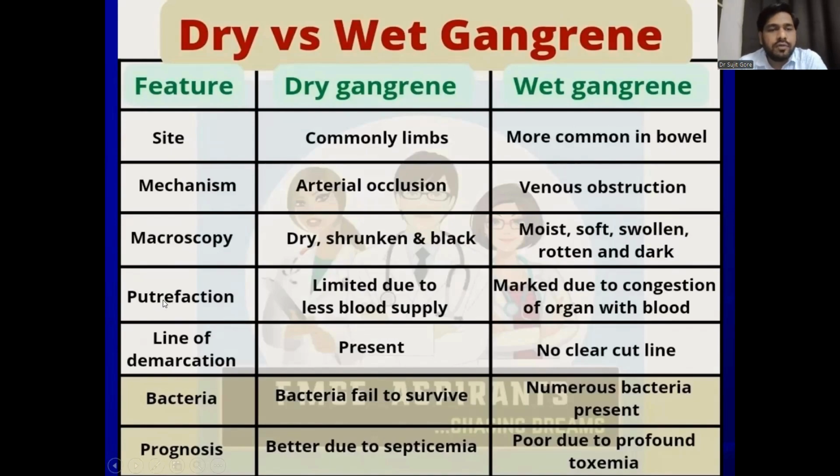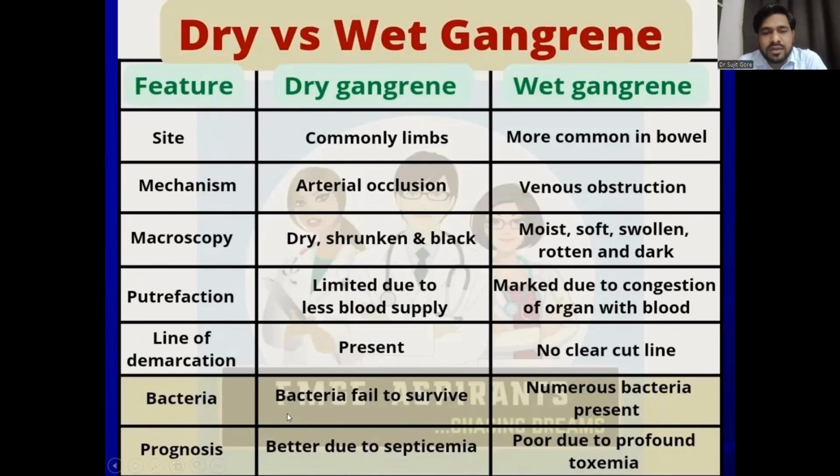Now next is putrefaction. It is limited in dry gangrene due to the less blood supply, but in wet gangrene it is marked due to the congestion of organs with blood. Line of demarcation, this is a very important point. A line of demarcation is present in dry gangrene, but there is no clear-cut line of demarcation in wet gangrene.